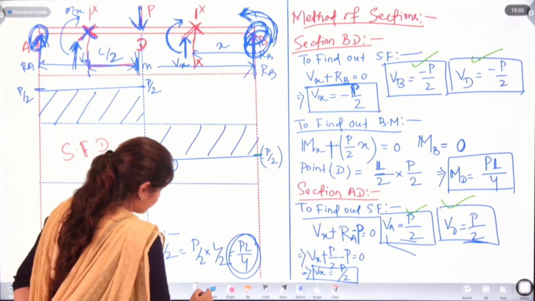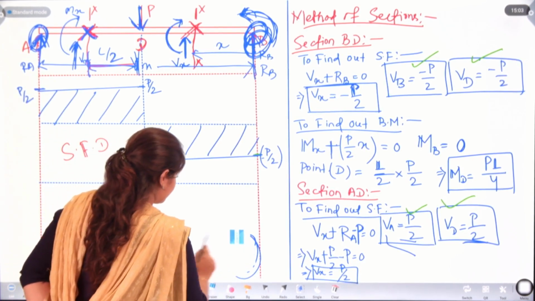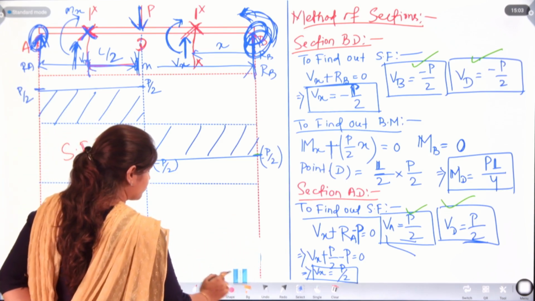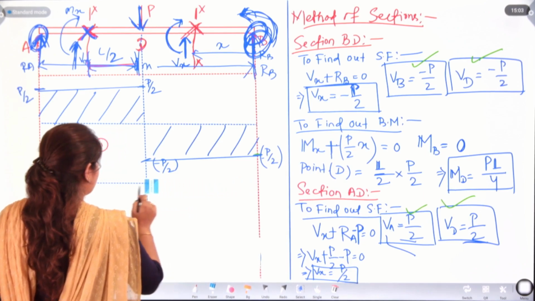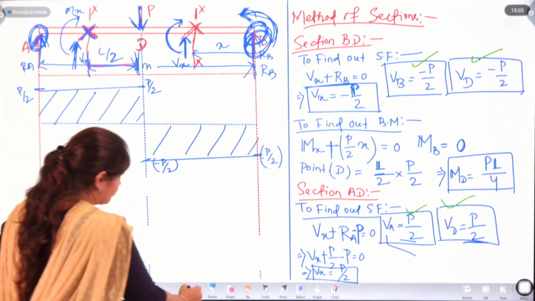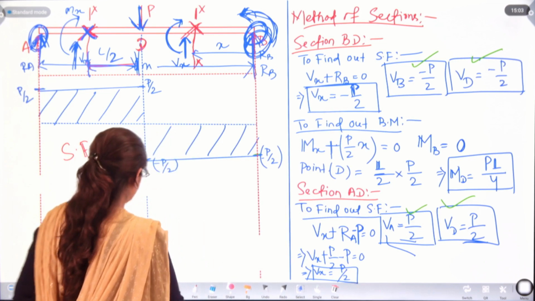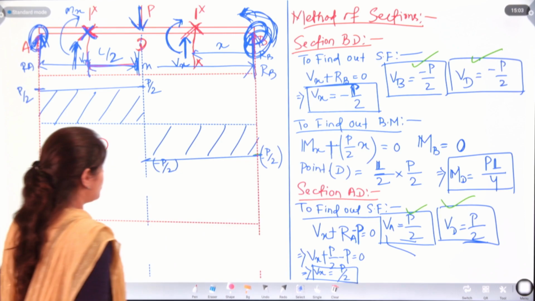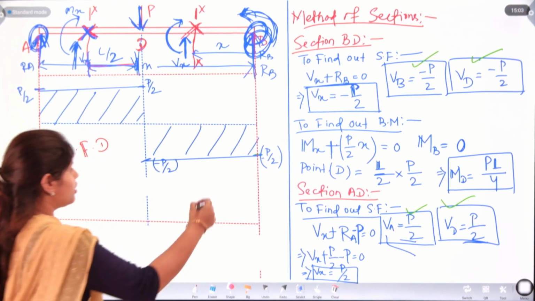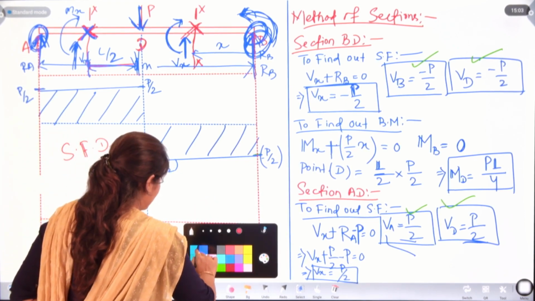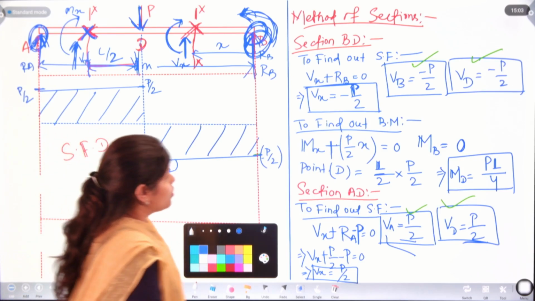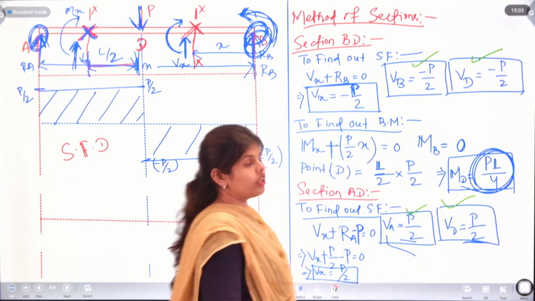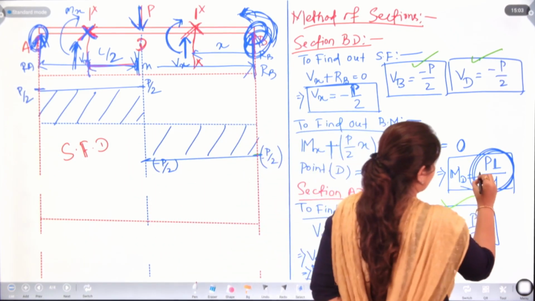To draw the bending moment, draw it here. We are having bending moment at point D only, that is PL by 4, and that is also positive.